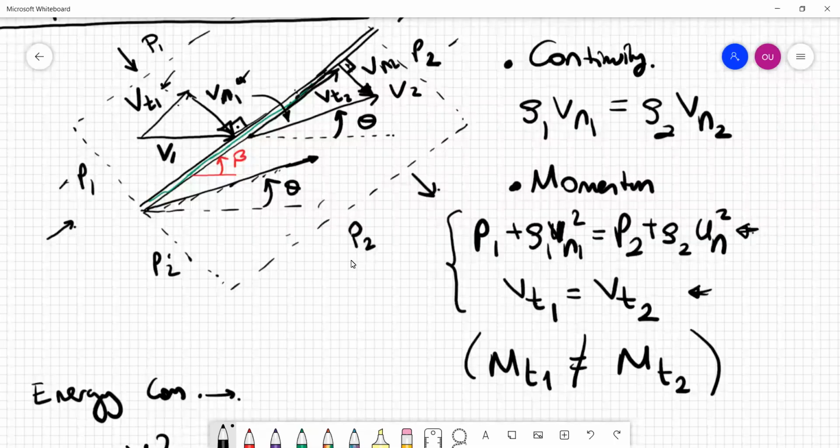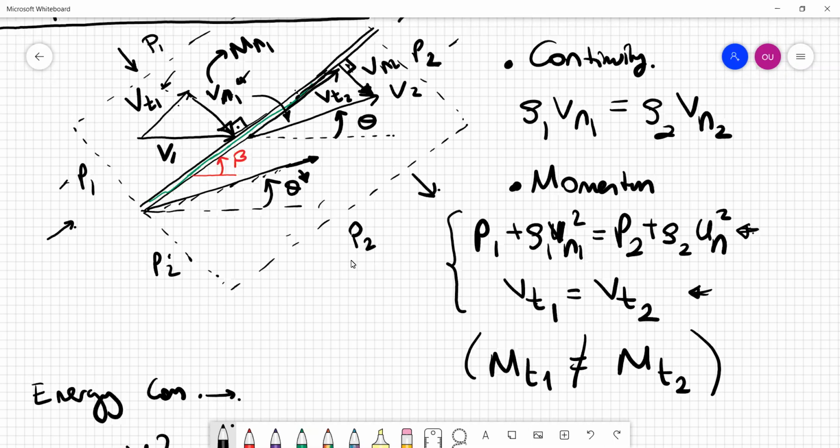So we need to calculate the Mach number corresponding to this velocity, okay? And this Mach number must be related geometrically to the object that is actually generating this oblique shock wave. So it must be related to this theta angle.